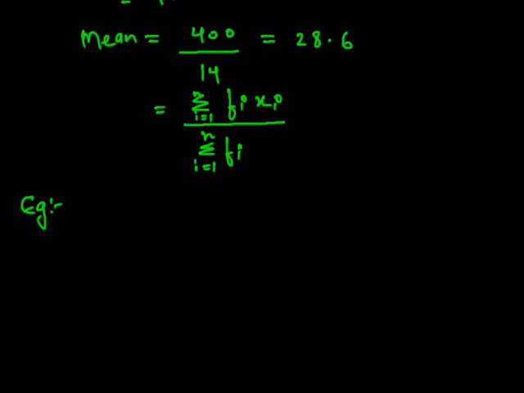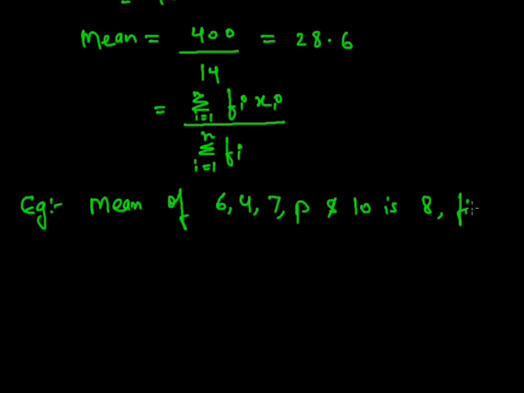First write down the example: suppose the mean of 6, 4, 7, P and 10 is 8. Find the value of P. In this case, the mean of 5 observations is given as 8, and among these 5 observations, one observation is missing. So we need to find out that missing observation.